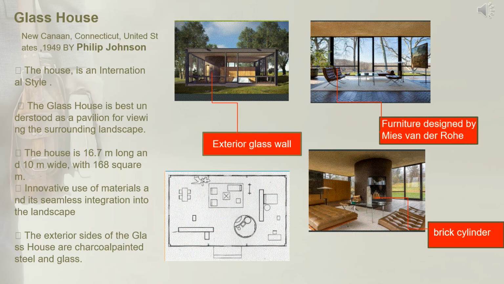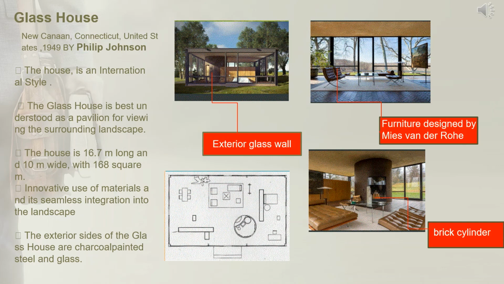The Glass House, New Canaan, United States, by Philip Johnson in 1949. The house is in the international style. The Glass House is best understood as a pavilion for viewing the surrounding landscape. The house is 16.7 meters long and 10 meters wide, with 168 square meters.